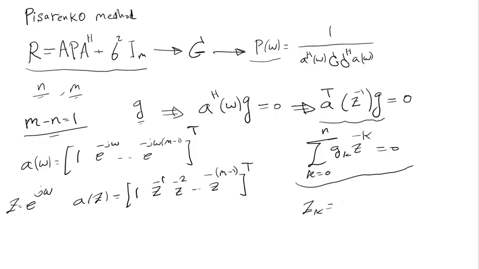Actually, z_k equals e to the j omega_k, so omega_k equals the phase of z_k. This is really simple in comparison with the pseudo spectrum. This is the Pisarenko method.